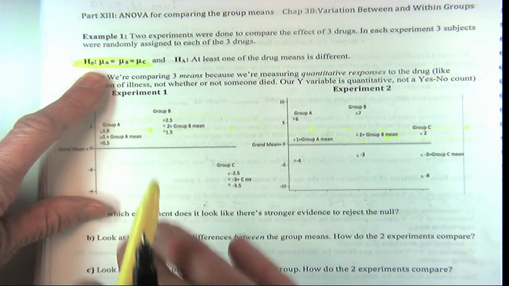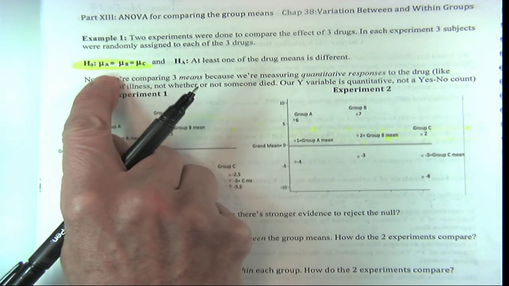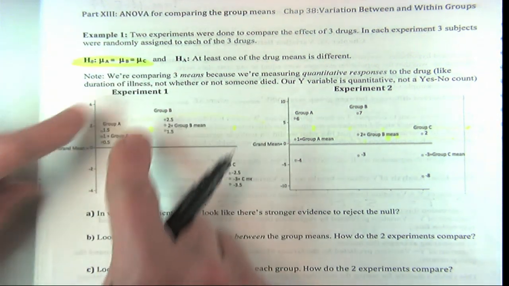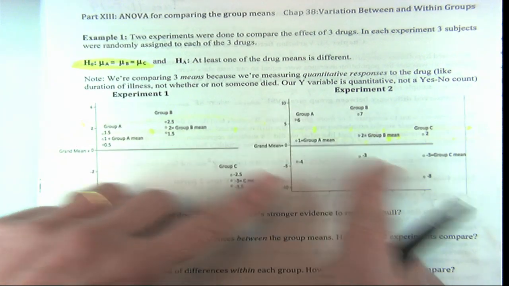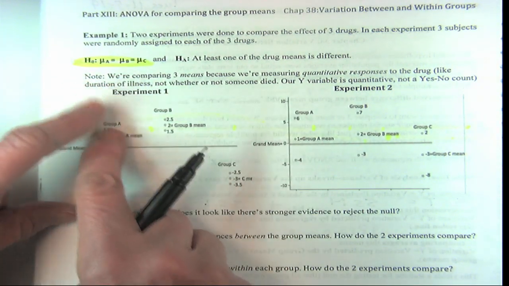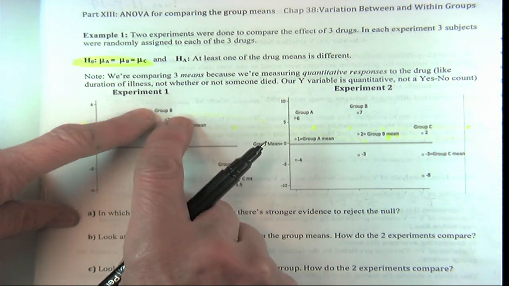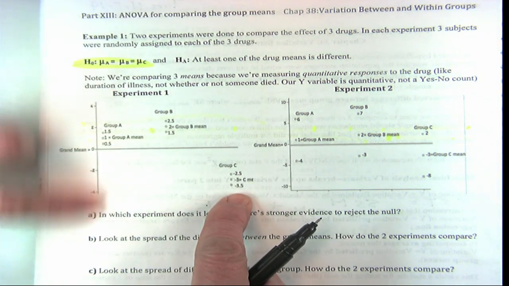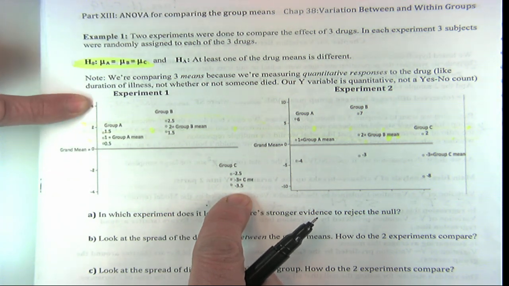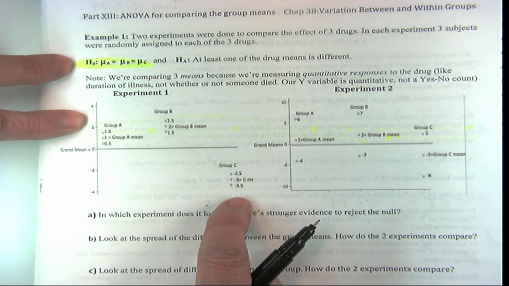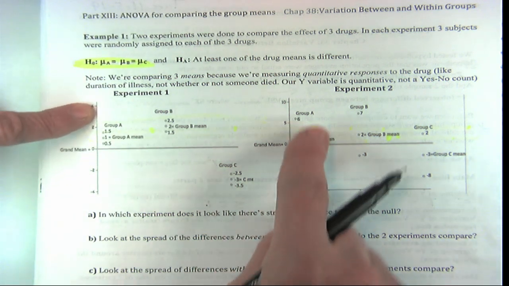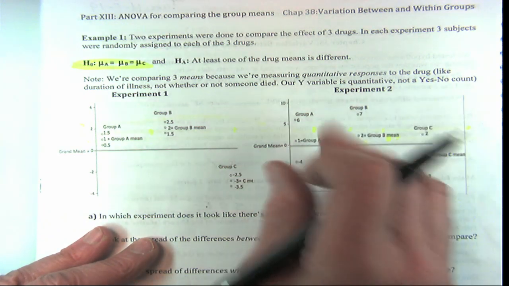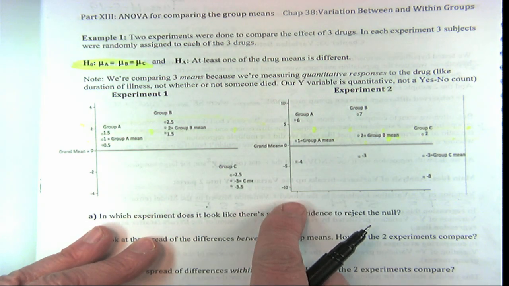In a wider population, the null is that the drugs are all the same, that even though we saw differences between the 3 people who took drug A, the 3 people who took drug B, and the 3 people who took drug C on some Y variable, some quantitative Y that measures how good the drug was, in the population there really isn't a difference. We just happen to see some differences in our sample due to the luck of the draw.